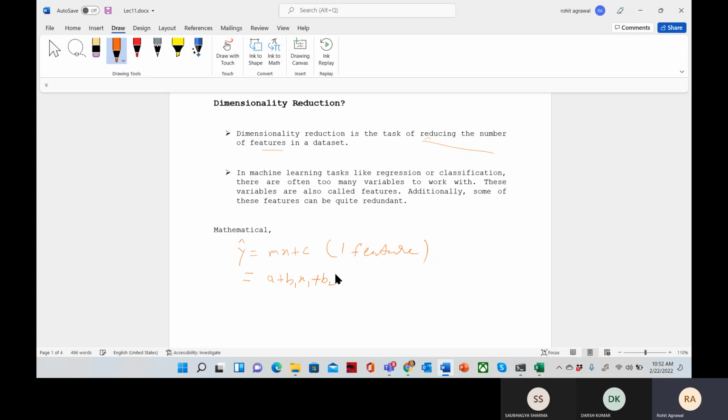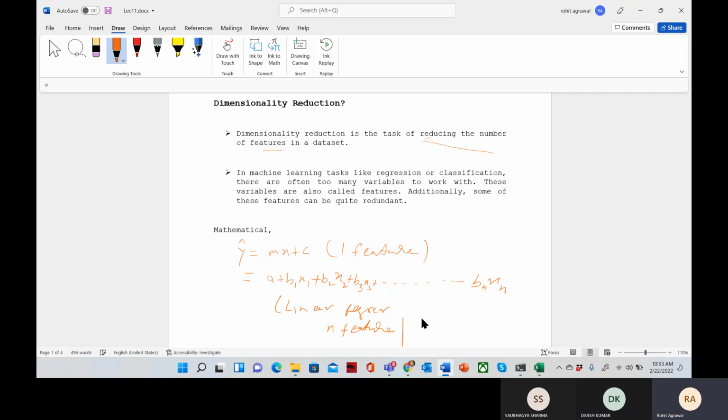Instead of m, I am writing b, and instead of one feature, I am writing more than one feature. What does it mean? It means a linear regression with n features. Am I right?